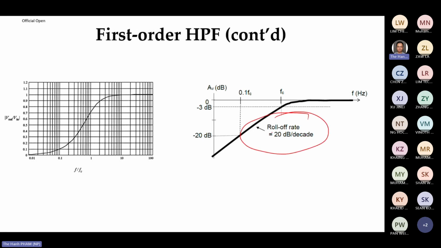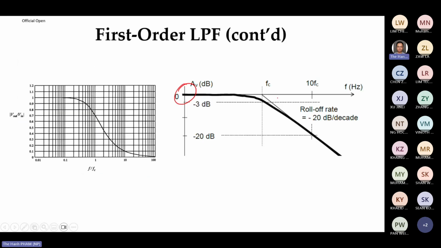The roll-off rate, what does that mean? It means if you increase the frequency by 10 times, then the gain drops by 20 dB. Suppose you look here, it will bring down to minus 20 dB here.